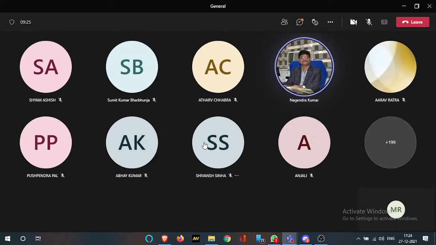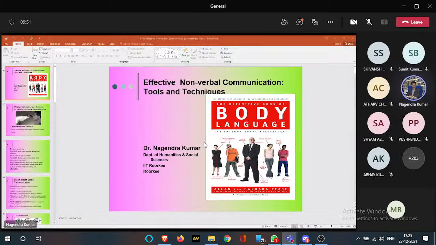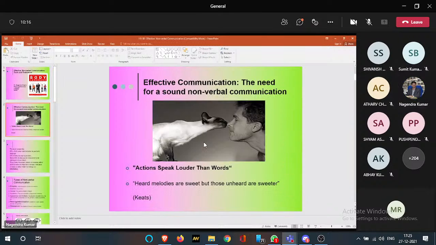That's the problem, because I'm not able to see it. Is it visible to you? Yes, sir. It's visible to you, but it's not visible to me. And unless it is visible to me, I cannot move it, I guess. So let me try. Is it moving? Can you see the second slide? Yes, sir. Okay, fine, friends.